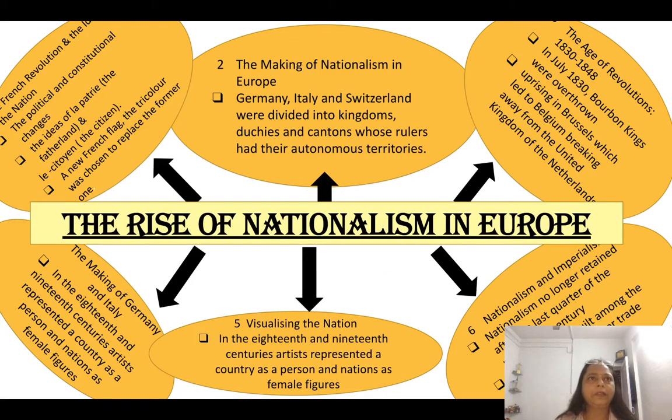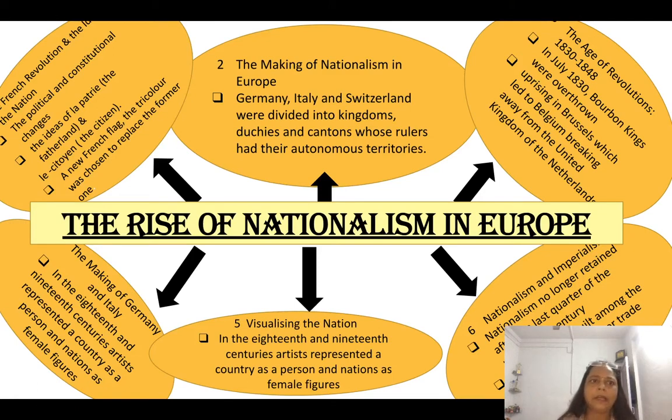The French Revolution tells you about the idea of nation, what a nation is. Because in 1789, nationalism came into existence after the French Revolution. The political and constitutional changes led to the transfer of sovereignty from the monarchy to a body of French citizens.